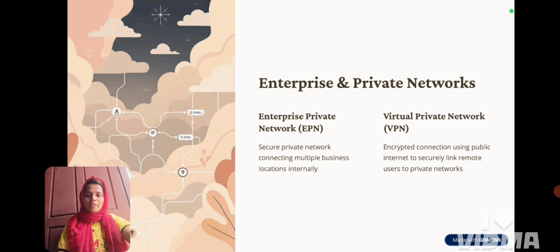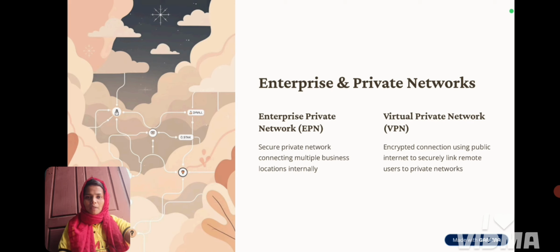I already told the example: if I run an organization with more branches, and I want to connect those branches with the main branch, I want to enable the connection between them. Then it must be secured and confidential. No one should access it from outside my company. So in this case, I want to use a private network, and private networks come under the enterprise private network, EPN.